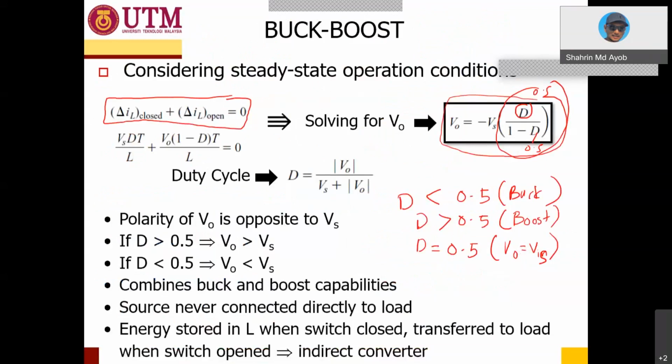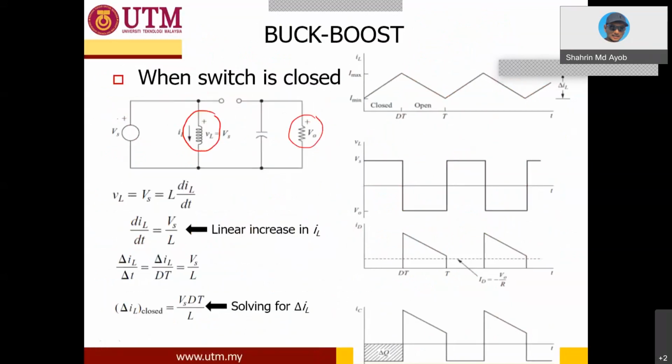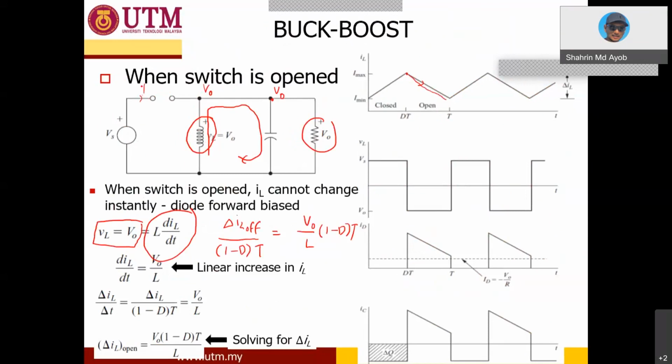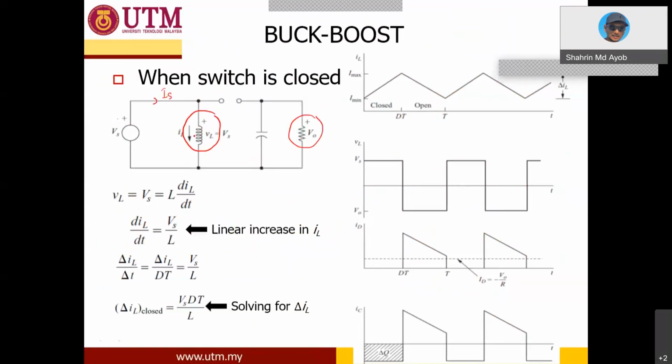What is Is equal to? We can see that during the on state, this is your Is. Is is equal to IL, but when the switch is off, Is is 0. So Is is only equal to IL when the switch is on, so we can say that Is is equal to D times IL.